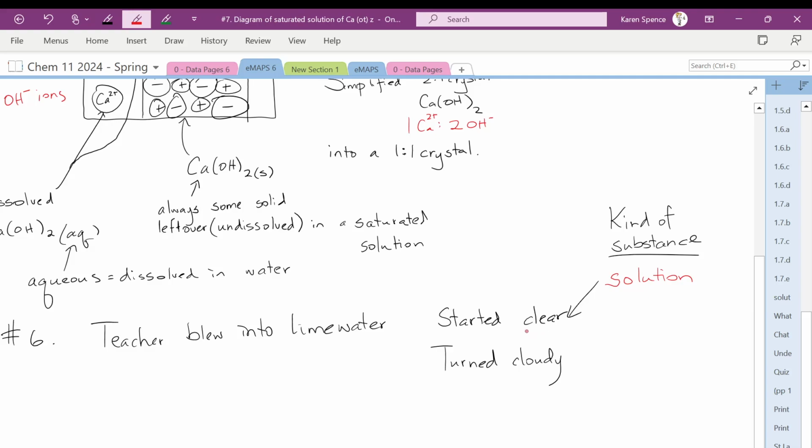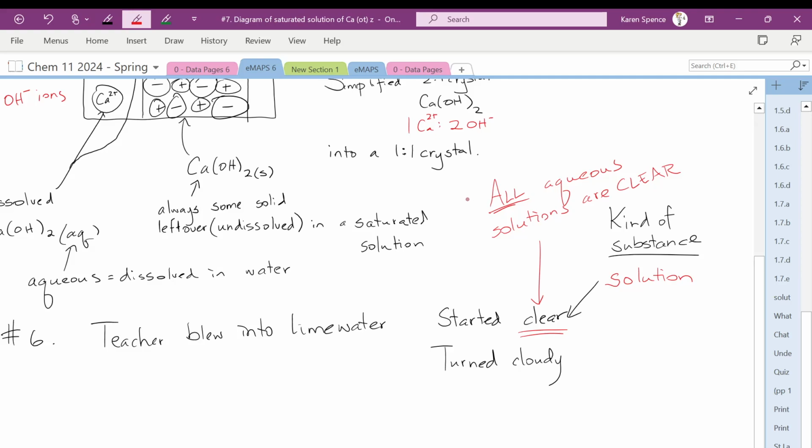Okay, it is a solution because it is clear. All solutions, all aqueous solutions are clear. Yes, and this is important stuff to process because there is a lab question on your test. So all of this stuff is very relevant to your test, okay?